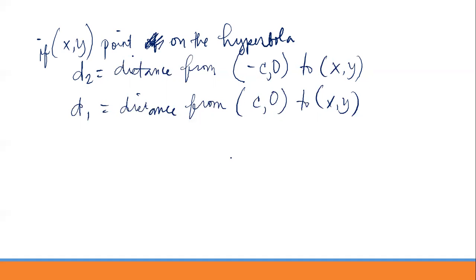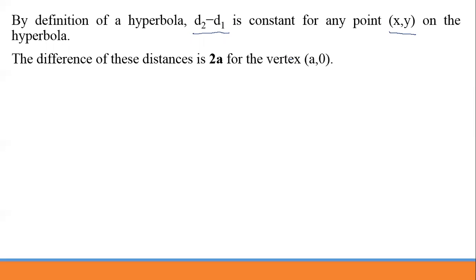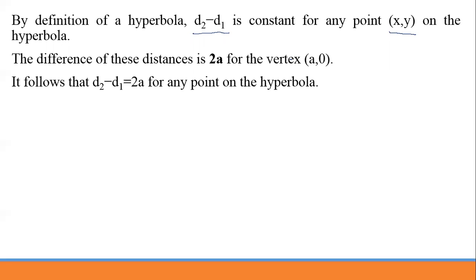All right. So by definition of a hyperbola, this difference of distances is constant for any point (x, y) on the hyperbola, right? So we know that the difference of these distances is 2a for the vertex (a, 0). And it follows that d sub 2 minus d sub 1 is equal to 2a for any point on the hyperbola.